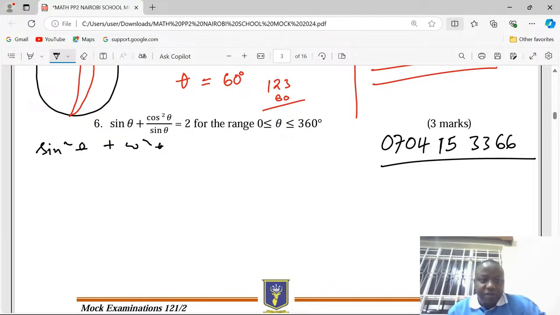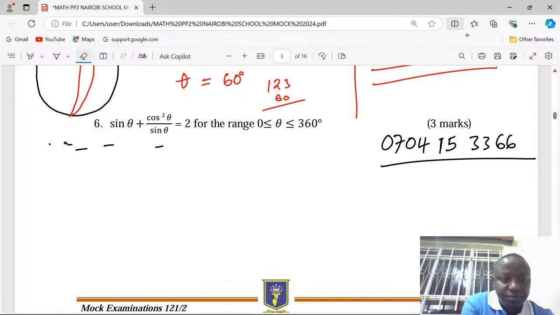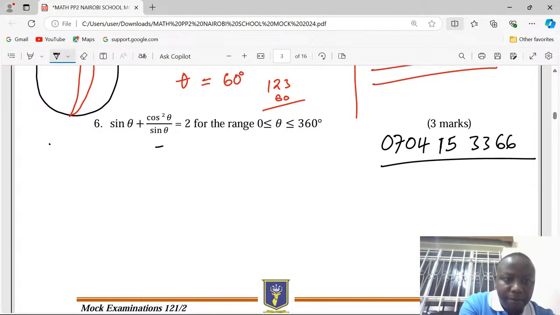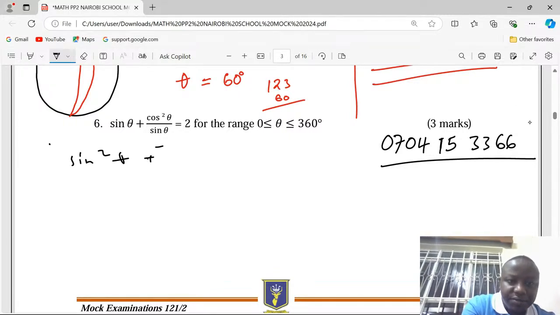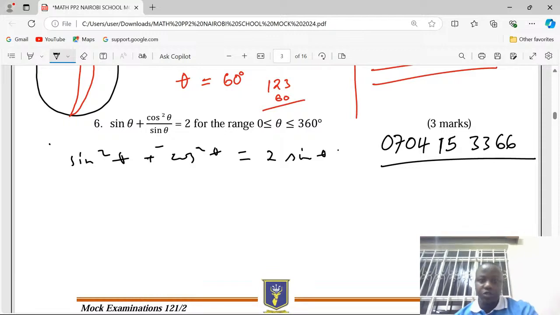Let's continue now solving the trigonometric equation. What I'm trying to say is that this becomes the sine squared of theta plus the cosine squared of theta, and this is equivalent to 2 sine of theta.